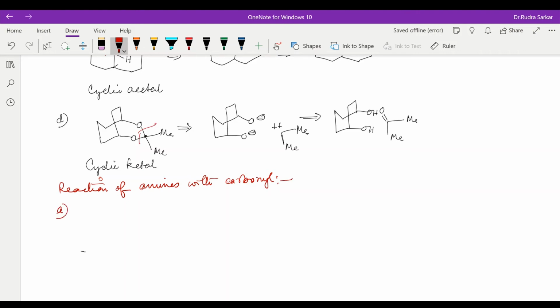Point A, primary amines react with C double bond O to form C double bond N. These are called imines.